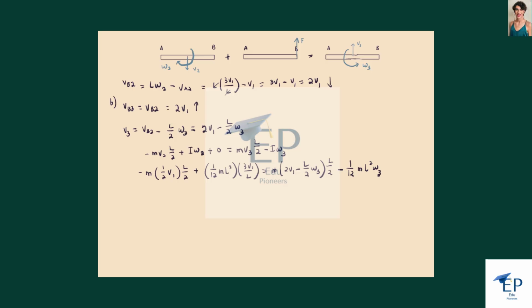Simplifying the equation and joining the like terms on one side of the equation, this becomes negative m v1 L over 4 plus m l v1 over 4 equals m l v1 minus m l squared omega 3 over 4 minus 1 over 12 ml squared omega 3.